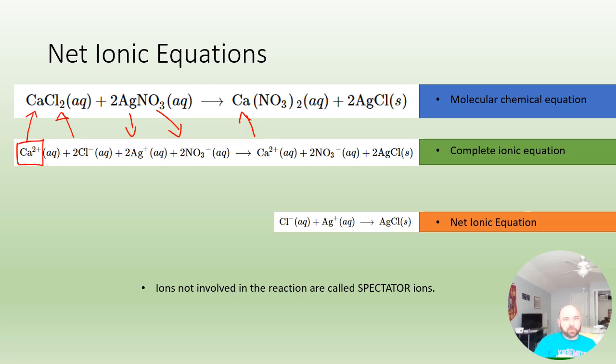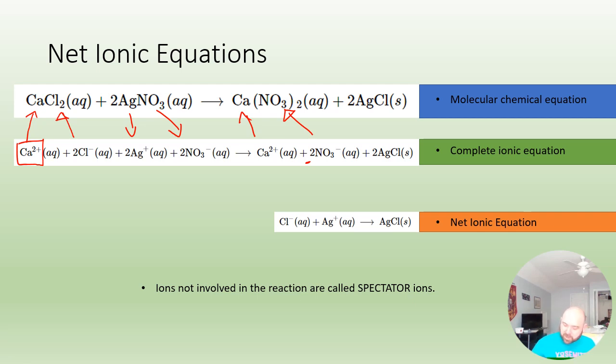So it is soluble, meaning it stays dissolved in that water. So the ions are actually separate, and the ionic equation shows them separate. We still have the nitrate ions because the calcium nitrate is soluble. Since there are two nitrate ions for every one calcium atom, we actually show two.